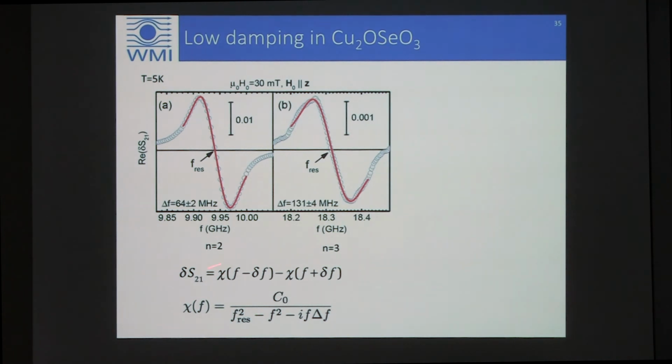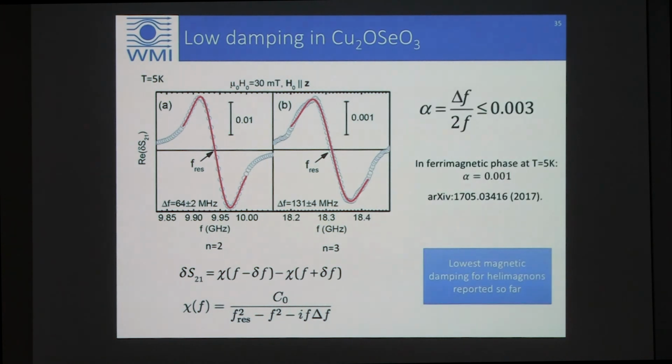Okay, this is just the equation, that's not so important. We just fit the field derivative of the susceptibility to the data because that's our data processing. But at the end of it, the alpha that we get, estimating it as delta f over 2f, is definitely smaller than 0.003.